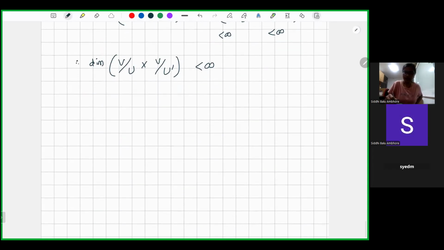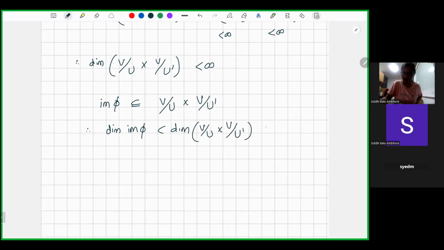This will imply that the image of phi is a subspace of it, so the dimension of the image of phi is less than the dimension of V quotient U cross V quotient U dash, which is less than infinity.